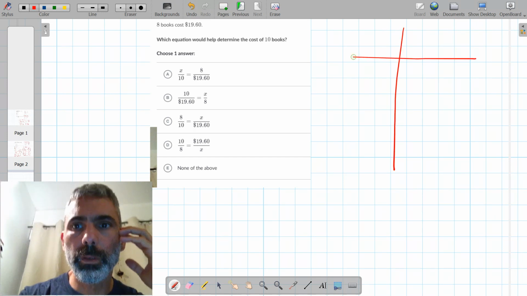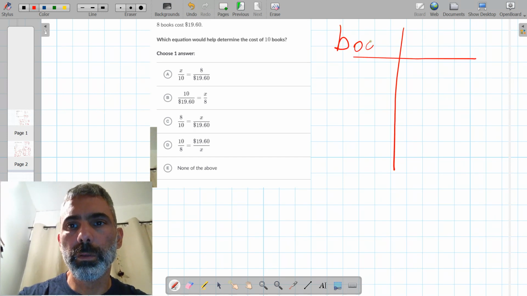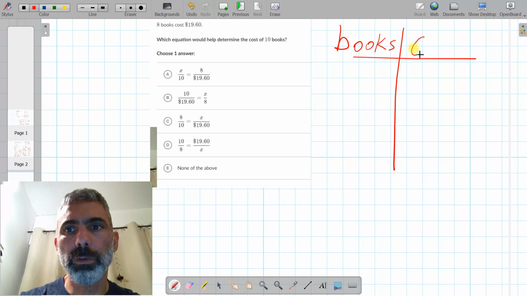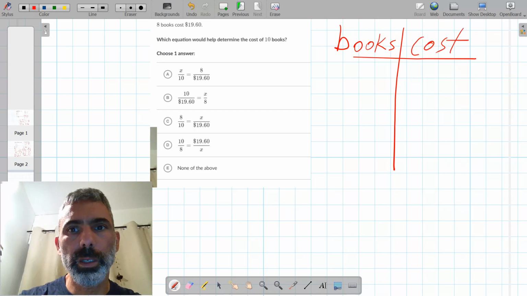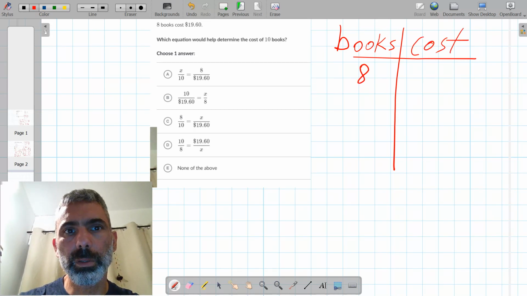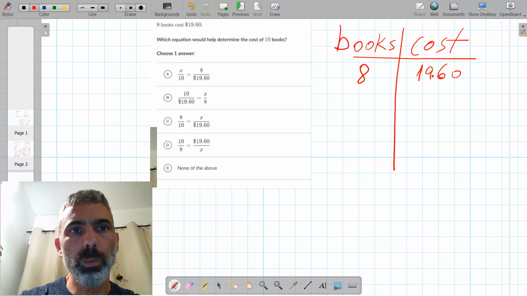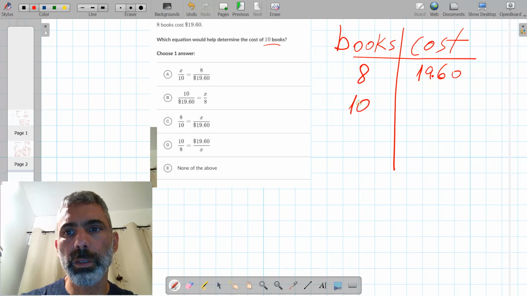Okay, so I have books and I have the cost, and they tell me that 8 books cost 1960. Which equation would help determine the cost of 10 books? Okay, so 10 cost, and I don't know the amount of dollars that 10 books cost.